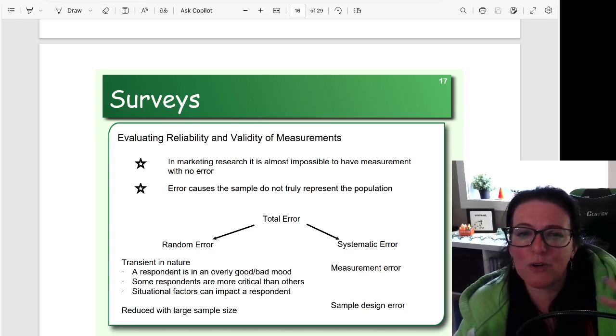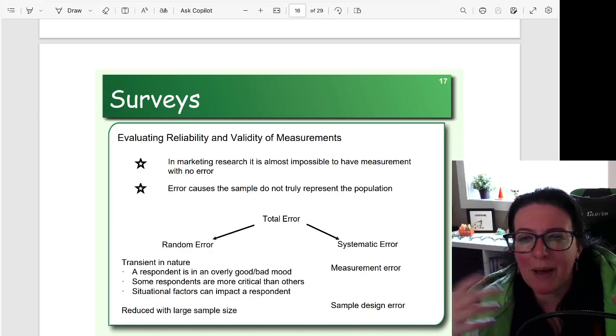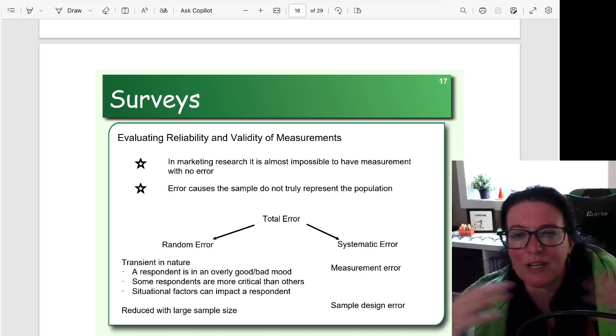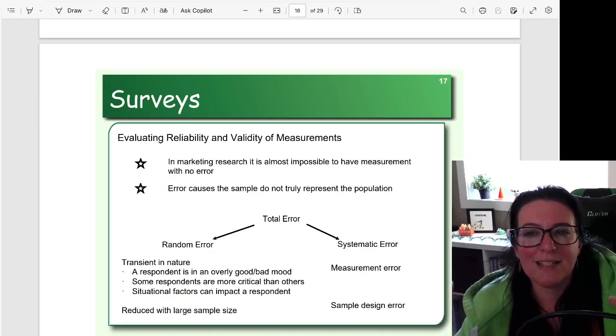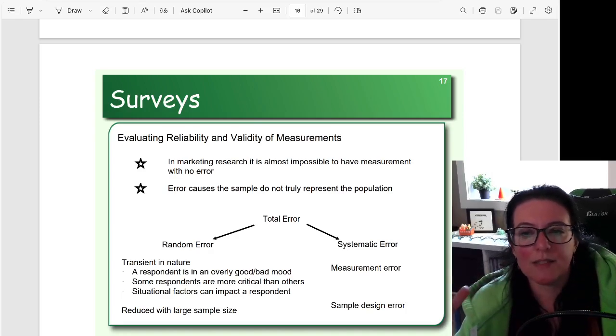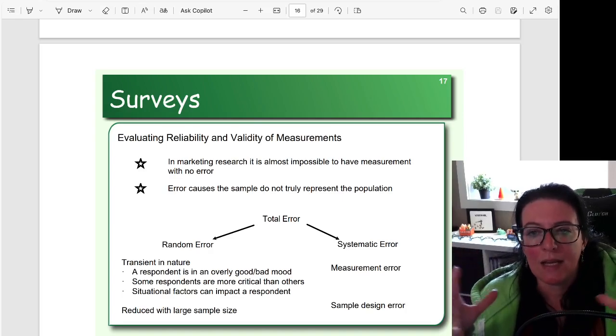Those who are more critical, those who are being impacted by situational factors, all of that kind of cancels out each other or is unique for that one individual. It's an outlier. And so because of the bigger sample size, it doesn't really sway the overall results.